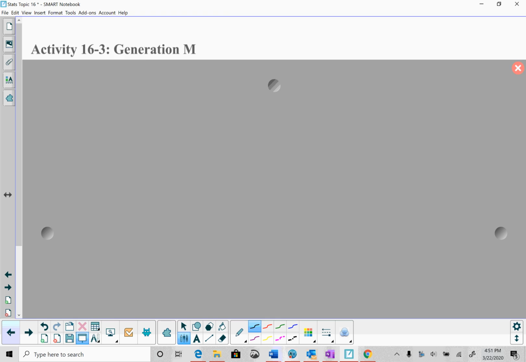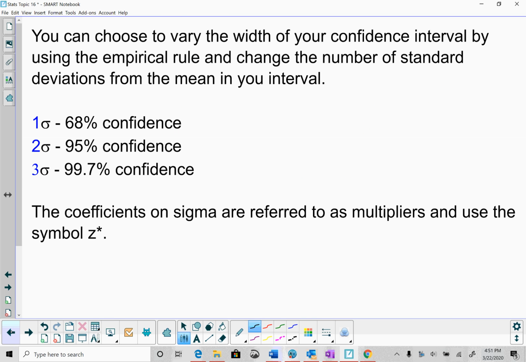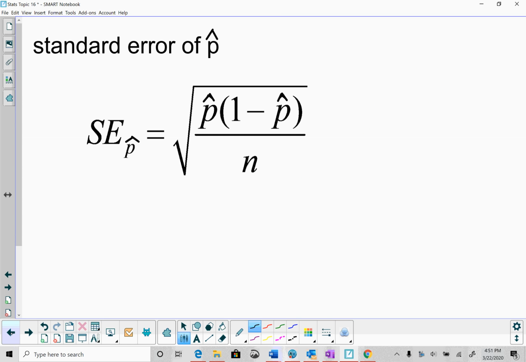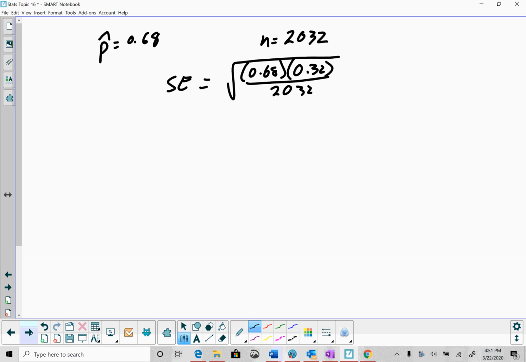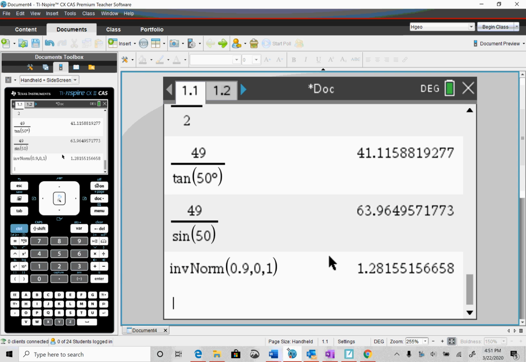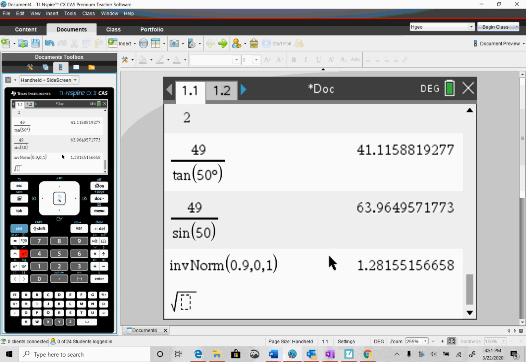Again, that's our standard error formula. It was there in blue. This is the one I'm using here. So with our lovely calculators, see if I can just do this all at once. 0.68 times 0.32 divided by 2,032 people.